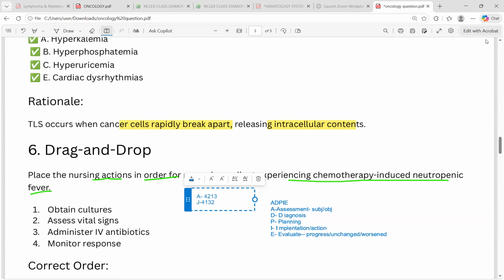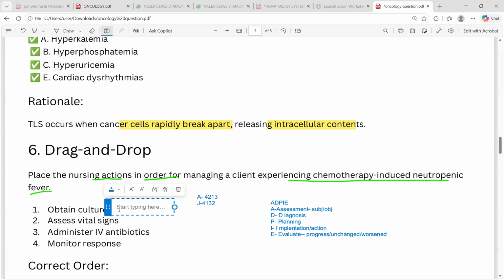4132. See, obtain culture, is it assessment, diagnosis, planning, or implementation? It is planning. Obtain culture, planning. Okay, you are saying it is planning.